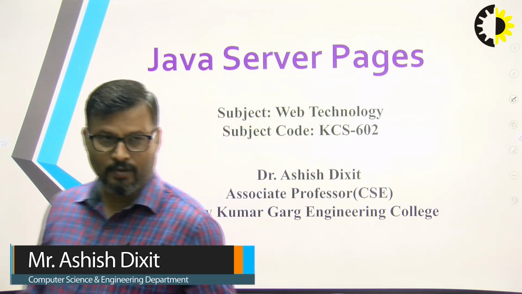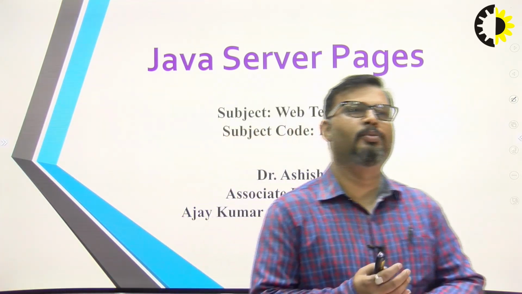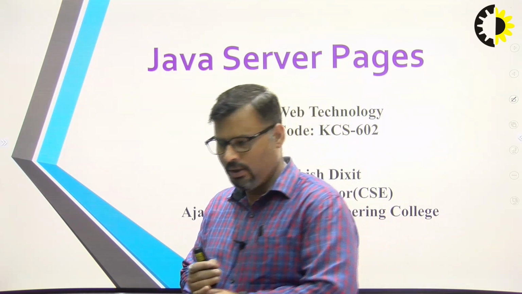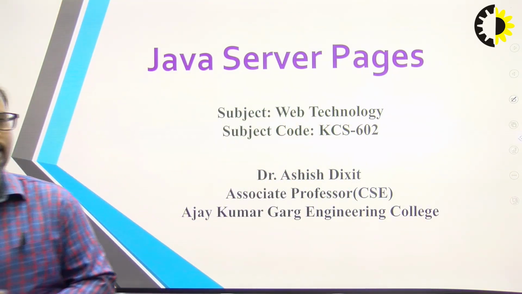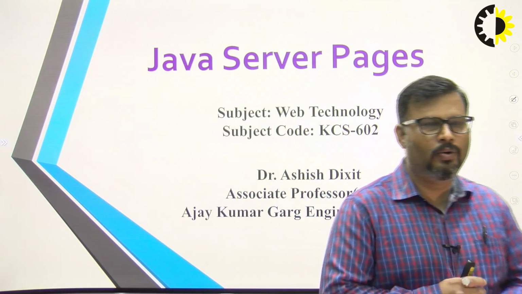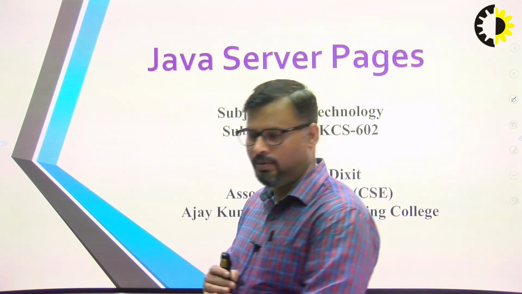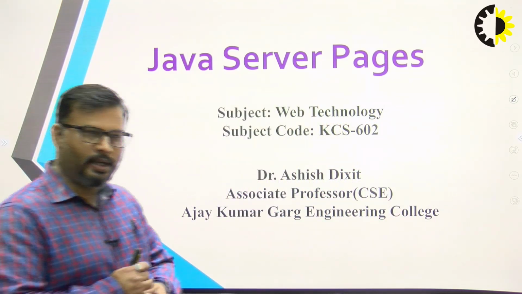So, today we will discuss Java Server Pages, because everyone knows about the server and which types of pages the server will use. Sun Microsystems developed Java and JSP. But right now, Sun Microsystems has been purchased by Oracle.